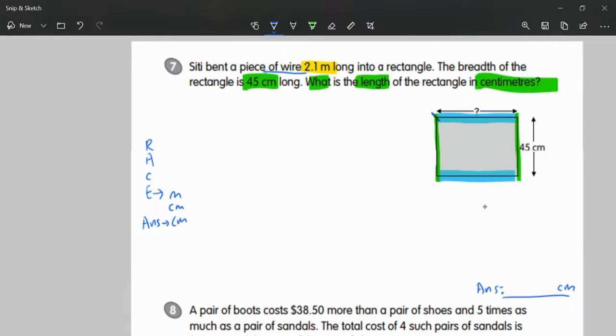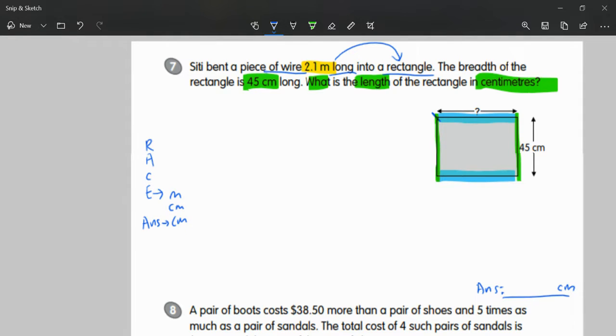Okay, that's the most important part you need to understand. The piece of wire of this length, 2.1 meters, is bent into a rectangle. What dimension are you looking at when you're talking about a rectangle? It's bent to form a rectangle, and you need to know its properties.